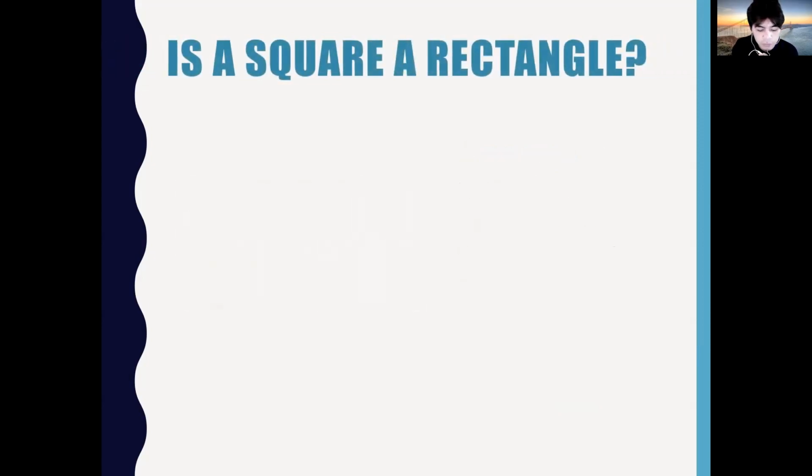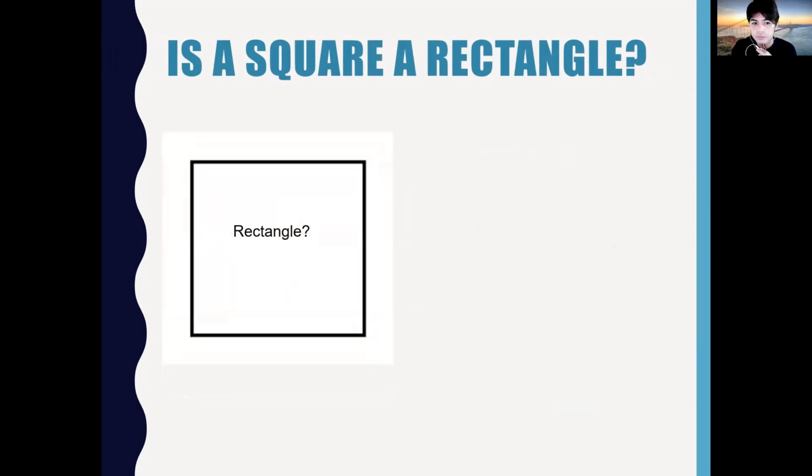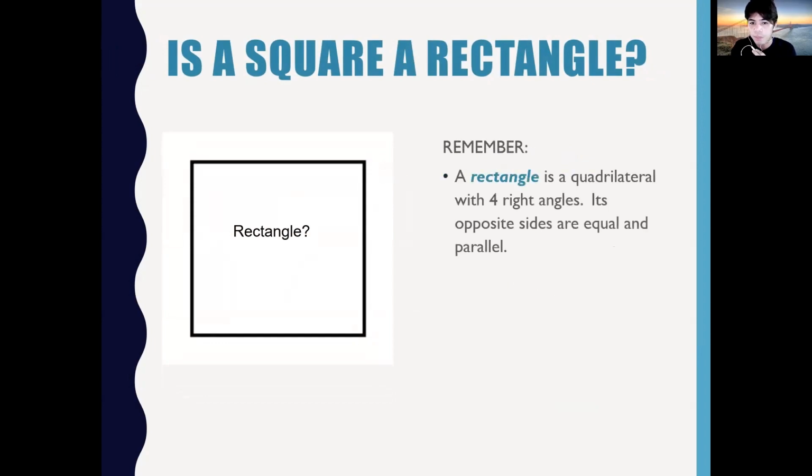So we do have a question commonly asked in quadrilaterals. Is a square a rectangle? We need to remember that a rectangle is a quadrilateral with four right angles, and its opposite sides are equal and parallel, while the square is a quadrilateral with four equal sides and four right angles.